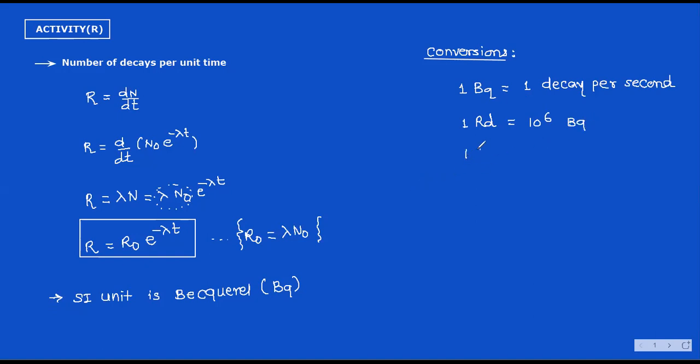And 1 Curie is equal to 3.7 into 10 to the power 10 becquerel, or you can say decay per second. Got it? So these are the conversions of units of activity.